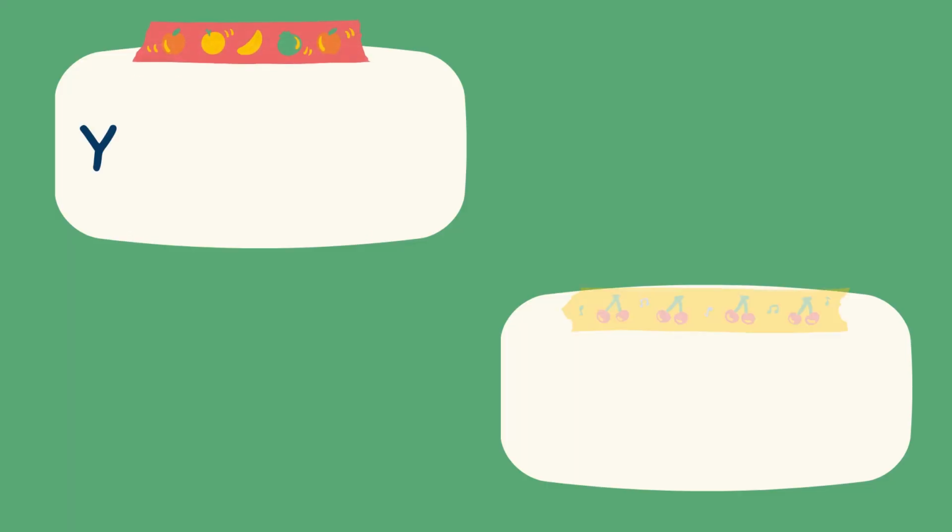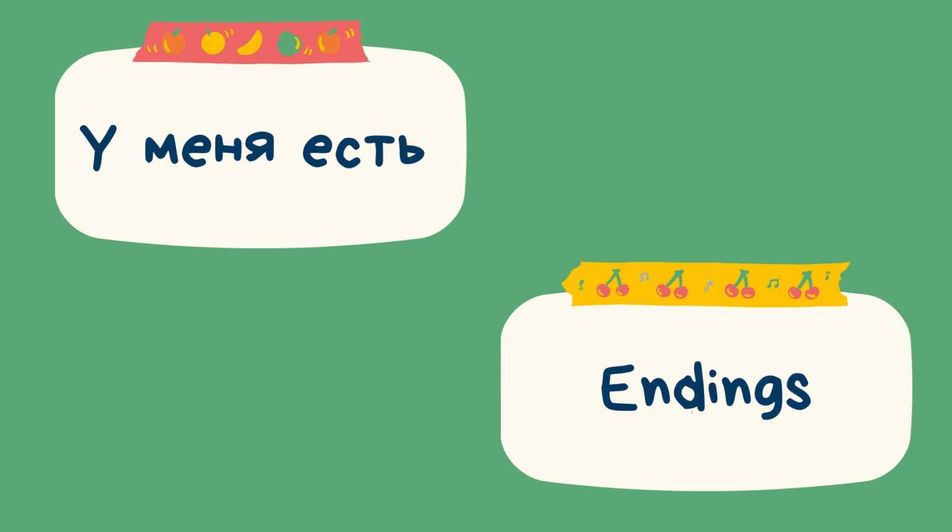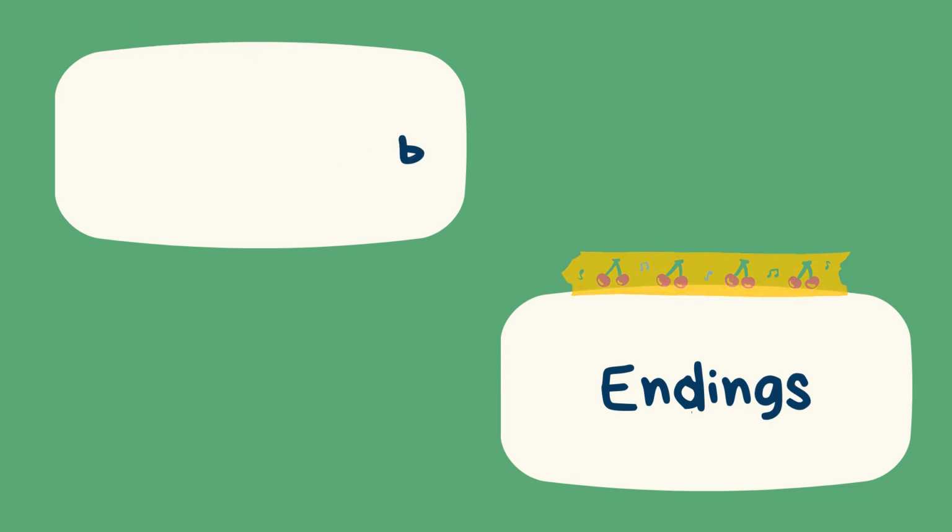But what's common to all of these sentences? The first, у меня есть. Second, endings. Let's find all of them in our list and make up a chart.